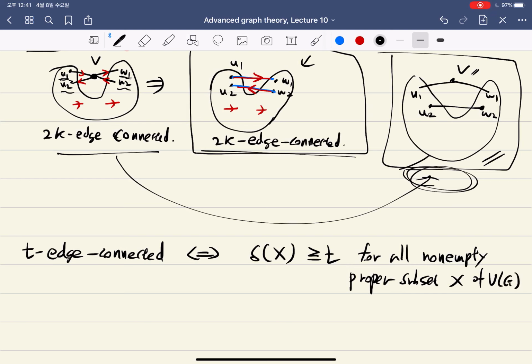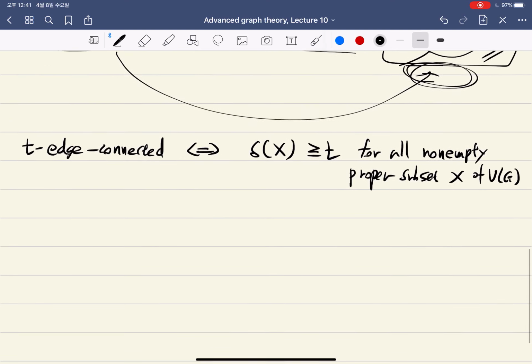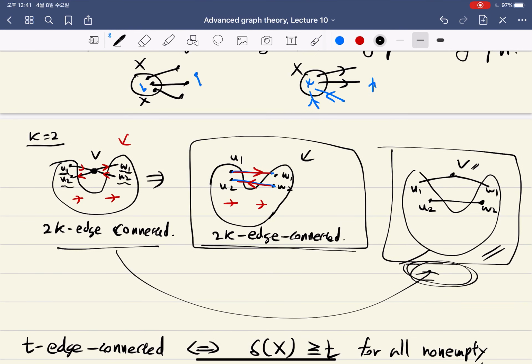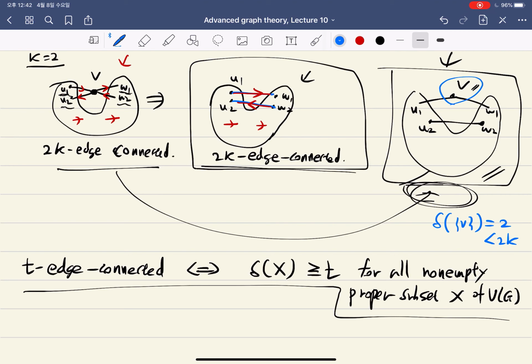So as long as X is not everything and not the empty set, the number of edges leaving X is at least T. So this is equivalent. But for this graph, this is no longer satisfied for this V. Delta of this V is only 2 here, which is smaller than 2K. But you can observe that for any other set but this or trivially its complement, any other set except these two, this condition is still satisfied.